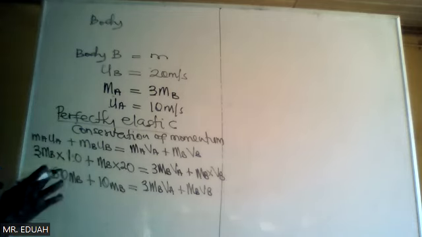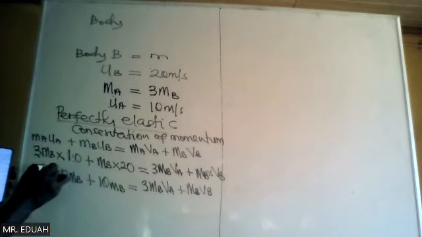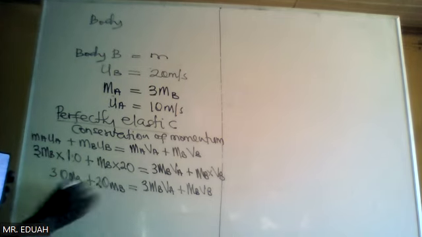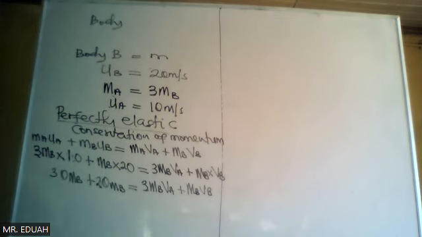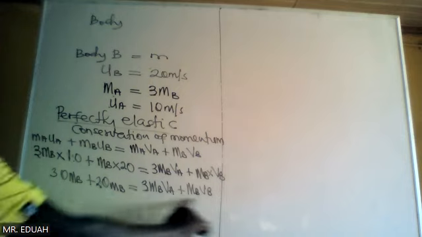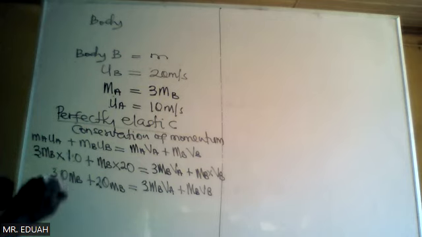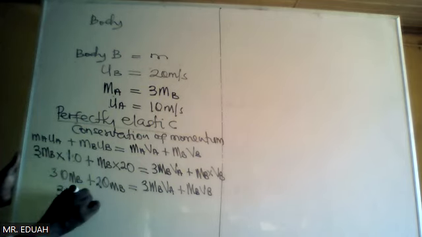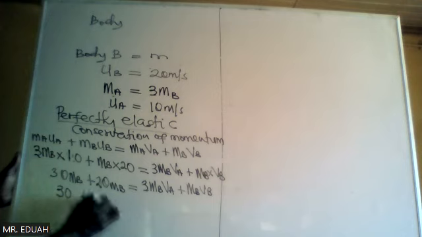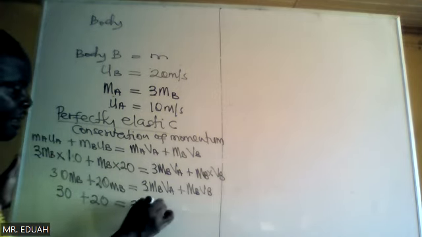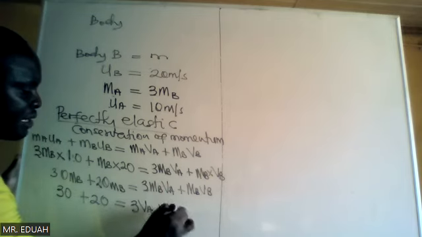So it means I have 30 MB and this is 20 MB. MB is common at both sides of the equation, so we can divide through by MB. So we have 30 plus 20 is equal to 3 VA plus VB.